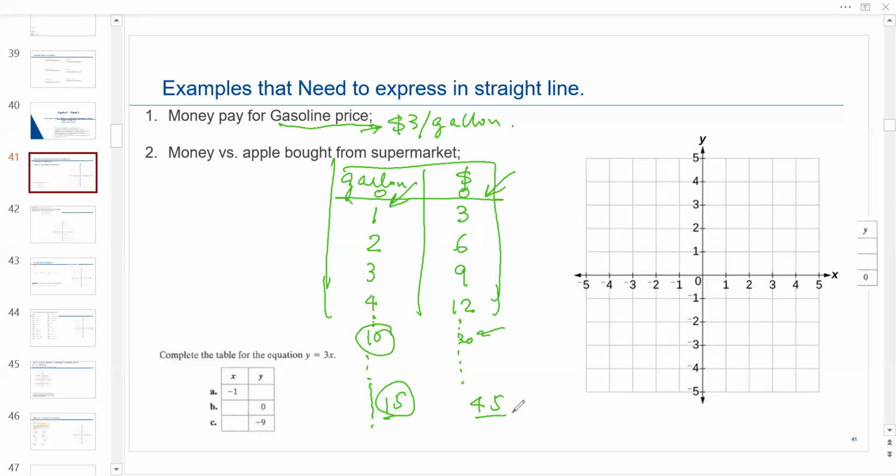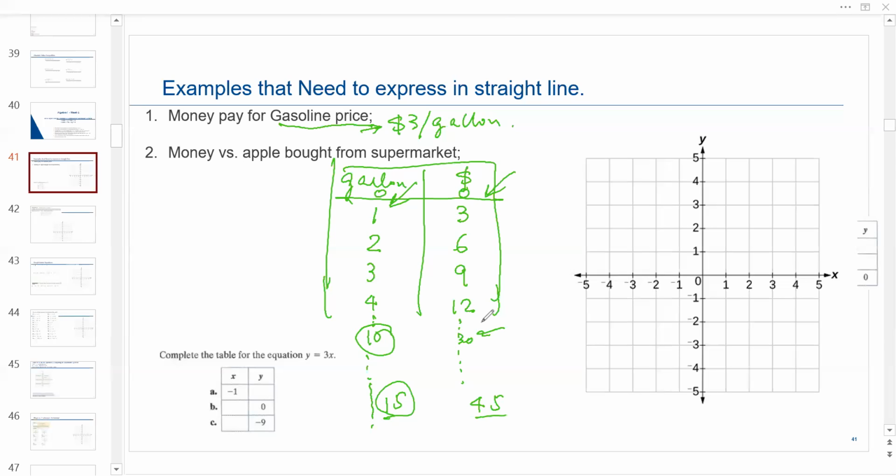So it's not just paying $20. If you want 20 gallons, you have to pay $60. So it's not determined by only one of them. It's determined by one of the numbers, right? If you have $20 and you know the price, you determine the gallons.